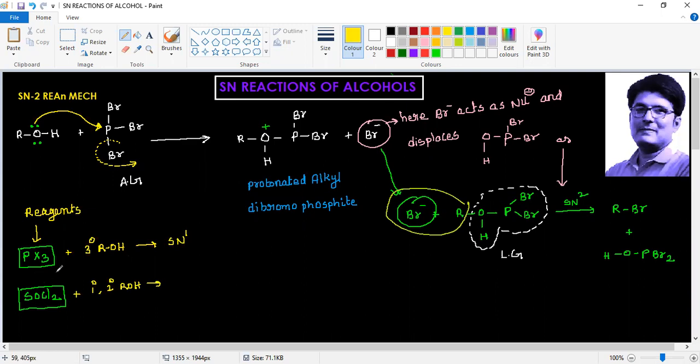Whenever thionyl chloride reacts with primary and secondary alcohols, it gives Sn2. అదే ఇప్పుడు టెర్షరీ ఆల్కహాల్ తో అయితే obviously Sn1. This is the very general thing. Okay. Okay.